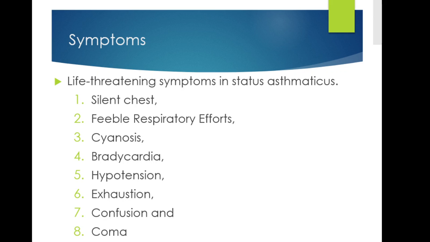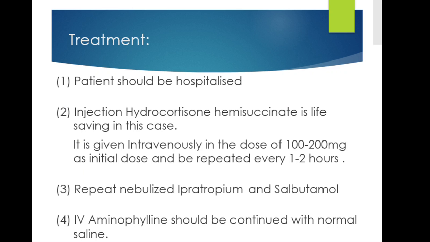The life-threatening symptoms in status asthmaticus are silent chest, feeble respiratory efforts, cyanosis, bradycardia, that is a decrease in heart rate, hypotension, exhaustion, confusion, and coma. So if these symptoms appear, the patient should be treated promptly and hospitalized to save their life.